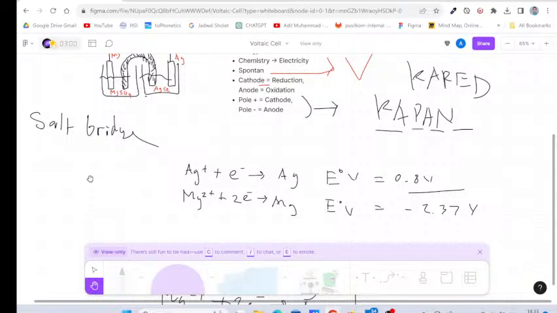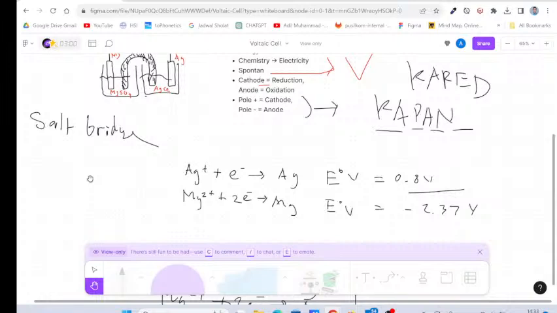So everything above H plus, above hydrogen, is basically a cathode? Not necessarily. Let's say we have cuprum, or copper, and we have Sn, or tin. Cu and Sn.